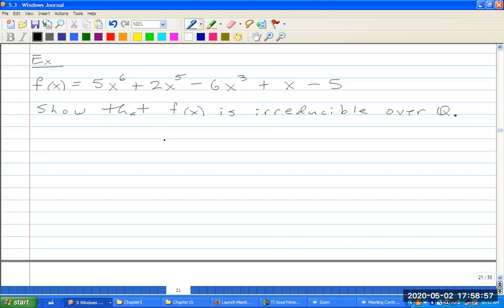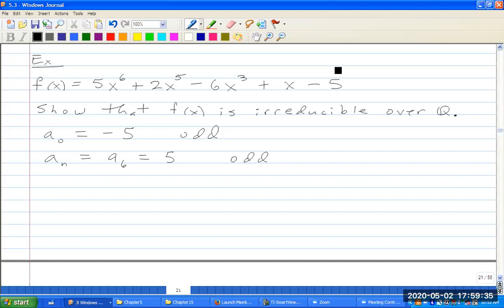Okay. So first thing to note is that the constant term is odd. Next, note that the leading order coefficient, a sub 6, is also odd.